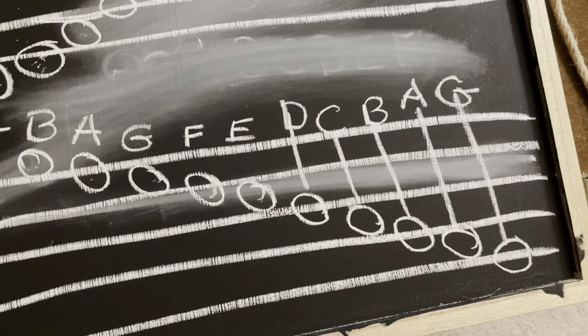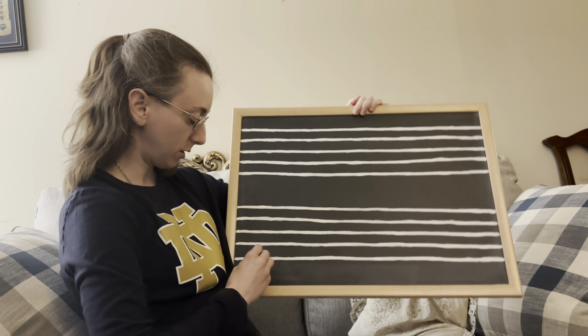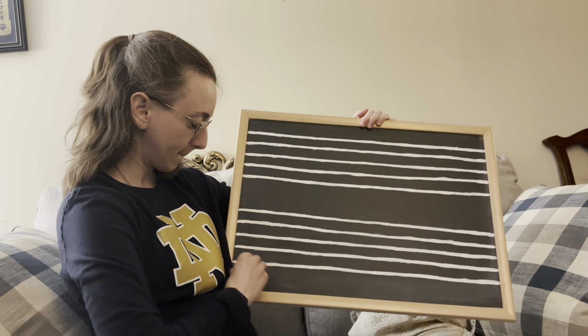But yeah. All right, so if we were going to start from the very, very beginning, from the bottom to the top, I'm not going to put the clef symbols on here so that we have the maximum board space available. So we're going to start at the very bottom with the G. So it's going to start here.